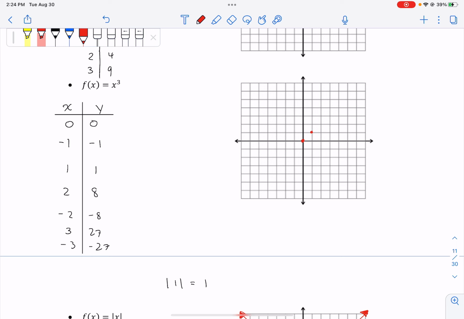0, 0. 1, 1. Negative 1, negative 1. If we really wanted to do 2 and 8, 1, 2, 3, 4, 5, 6, 7, 8, somewhere here. And then negative 2 is 1, 2, 3, 4, 5, 6, 7, and 8. There. But we don't just connect them by using straight lines like that, because what it actually looks like is something like this.